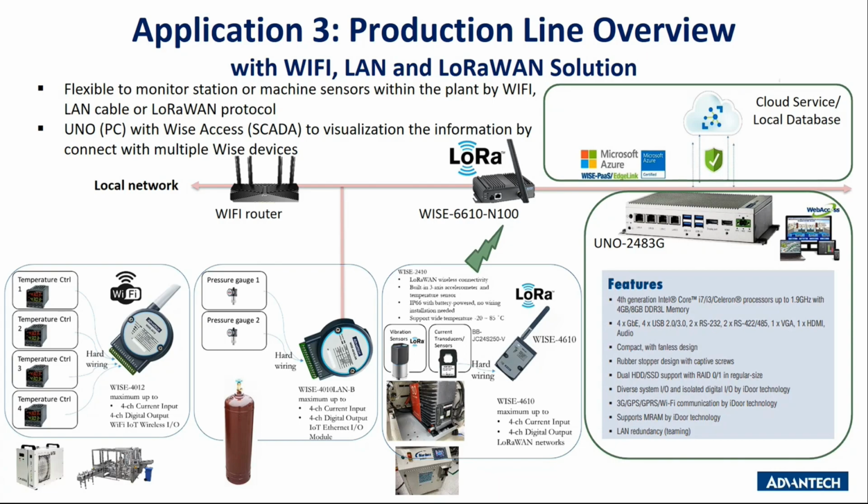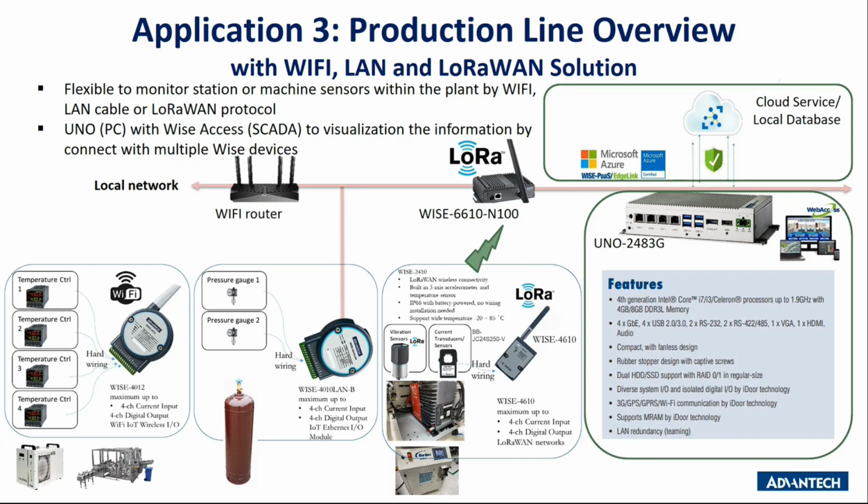And besides that, we have this current transducer sensor. This is to monitor the current of this compressor, so that you can be aware of the power consumption of this compressor. And lastly is this WISE4610. It can be connected to either current input or digital output. So let's say you have some device with a sensor that can provide current input.